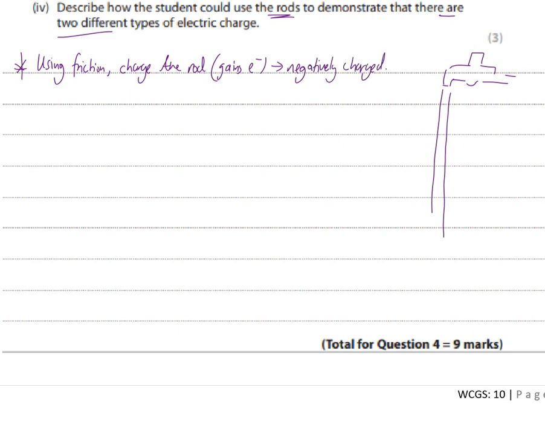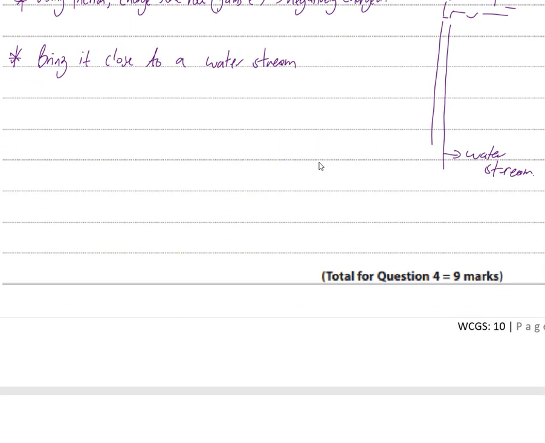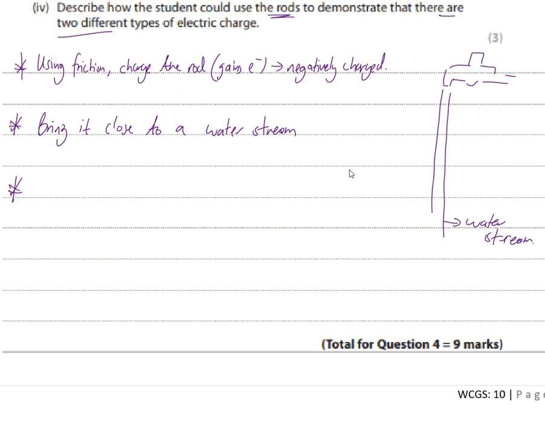And then we bring it close to a water stream. So here we've got the water stream. How many marks is this? 3 marks. Oh, okay. We need to show that. Unfortunately, we have to show these things.